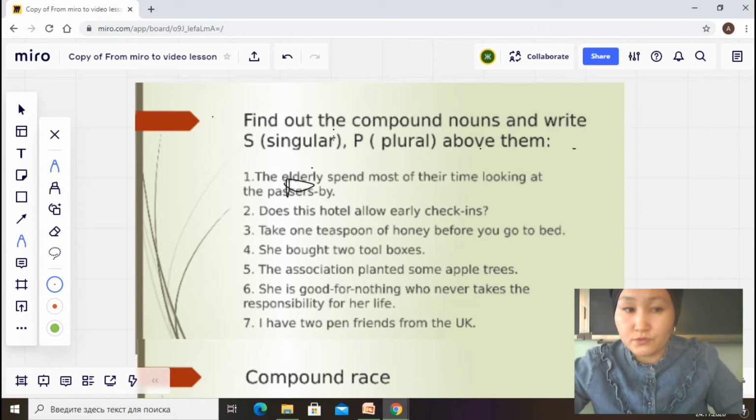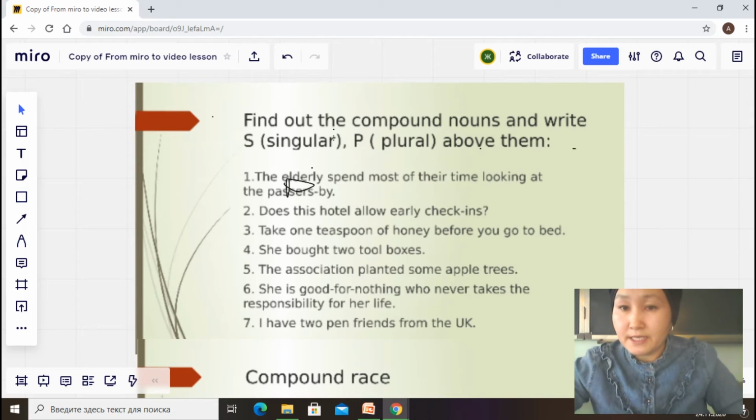So we should write above them. Passers-by, it is used in plural form, and the word is hyphenated, and we identify the significant word, so it is passer and it is used in a plural form.